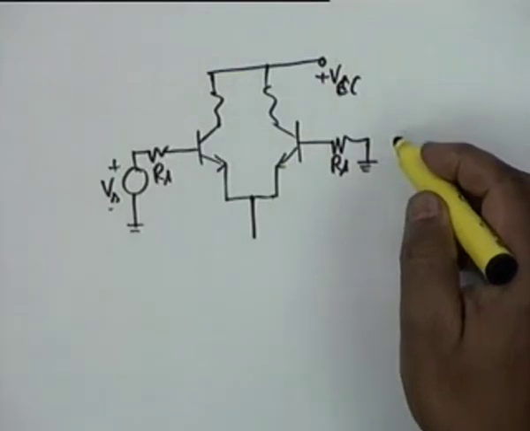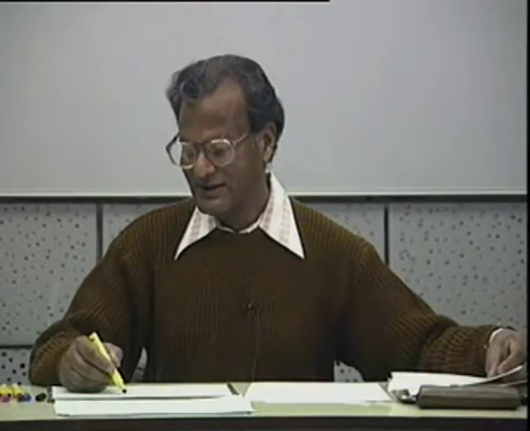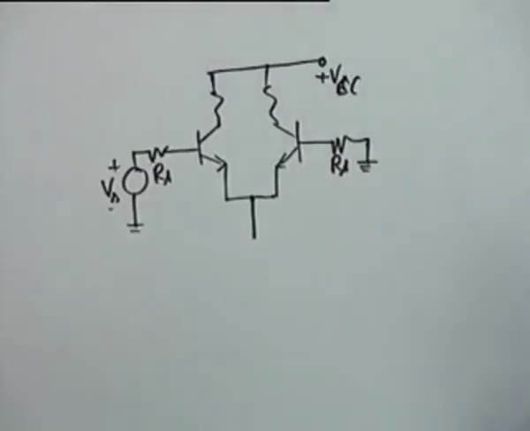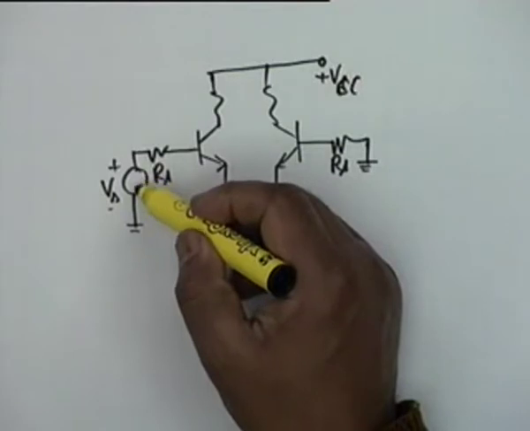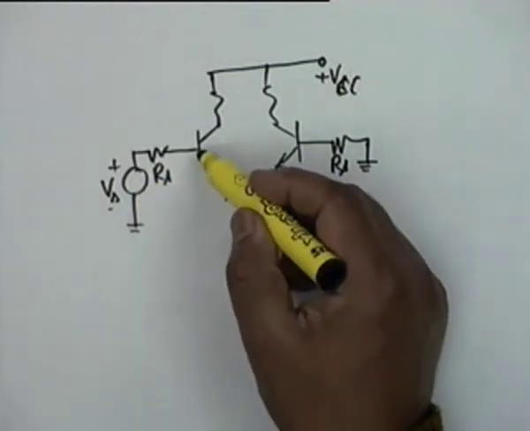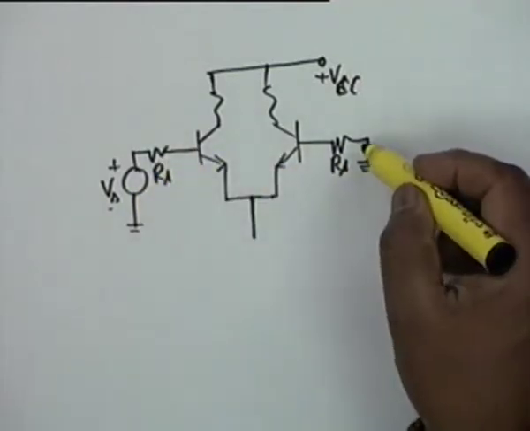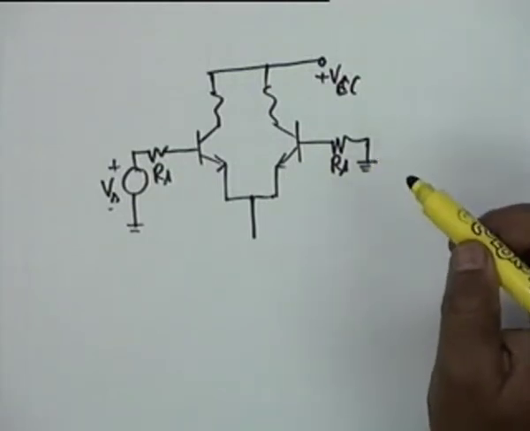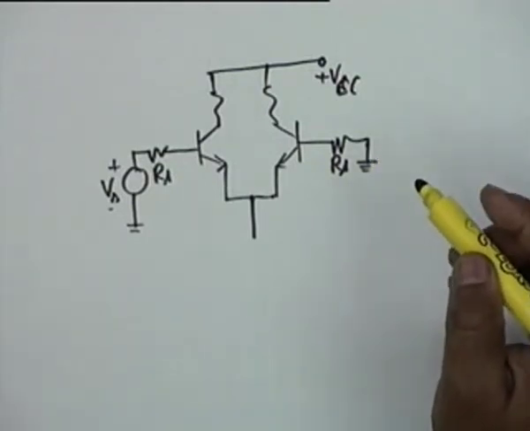Can you guess why? Why couldn't I connect it directly to ground? Preserve the symmetry of biasing. Yes, DC biasing. As far as DC is concerned, Vs is a short. Therefore, if this base is connected to RS, this base should also be connected to RS. Otherwise, there shall be a DC offset.